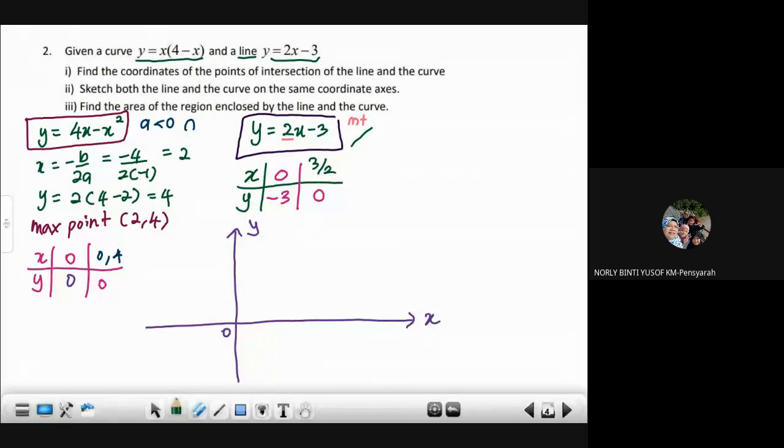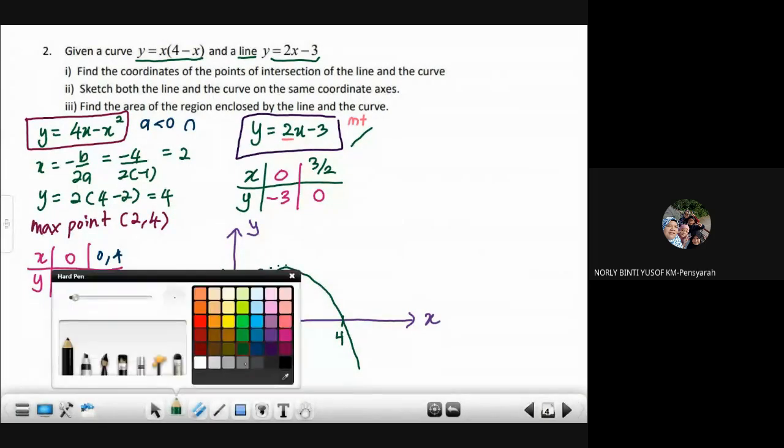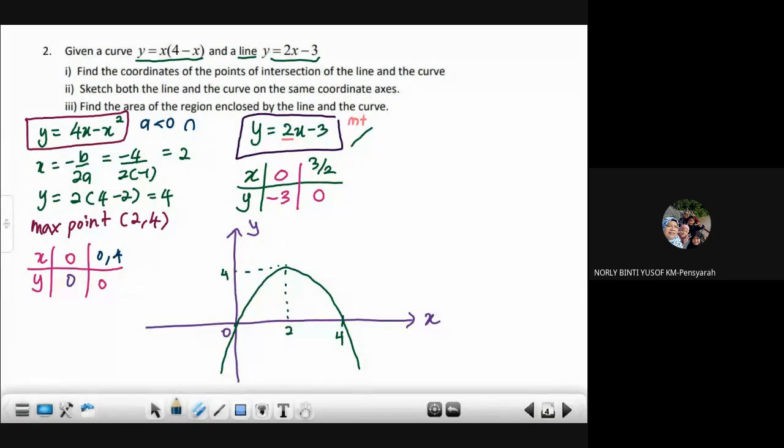Kita ada kosong dengan 4, so kita akan lalu origin lah kat sini, and it faces downward. So 0 and also 4, and then you have the maximum point as (2, 4). Okay, graph quadratic settle.